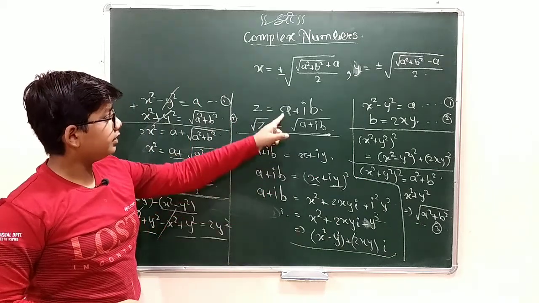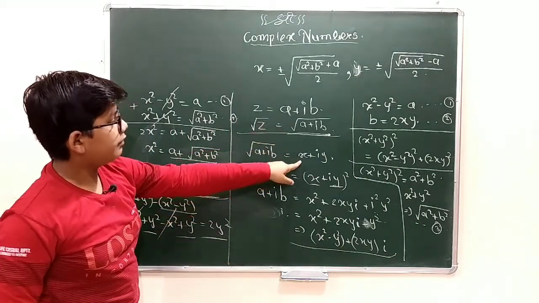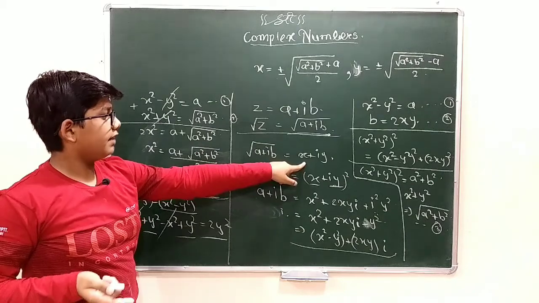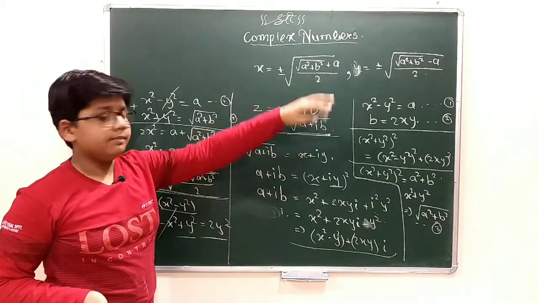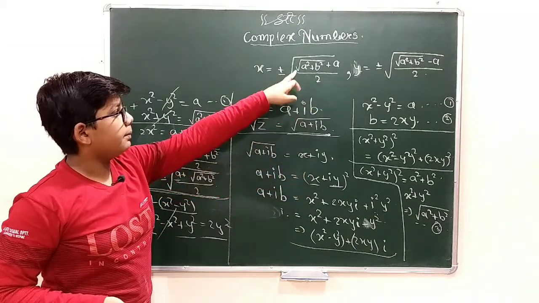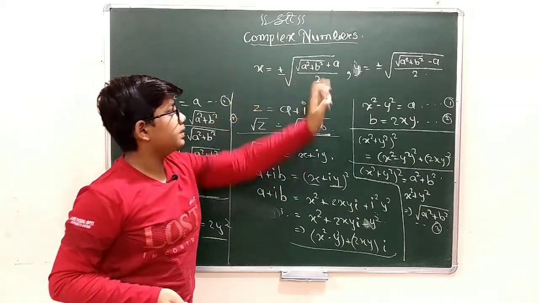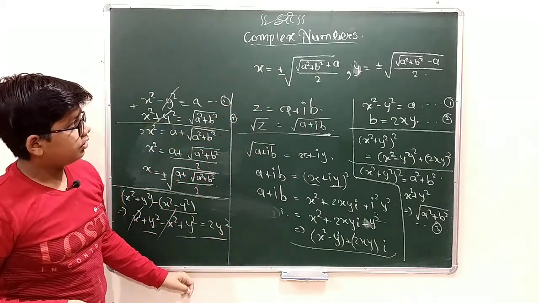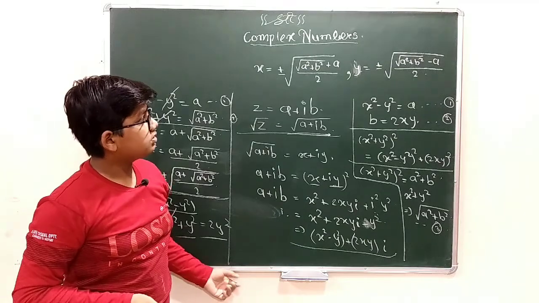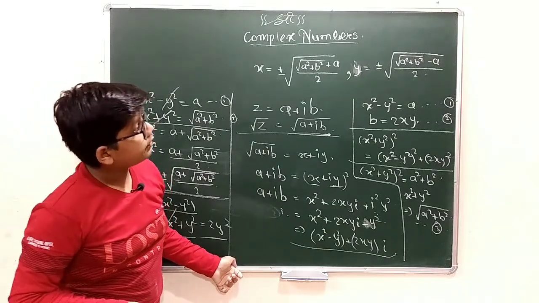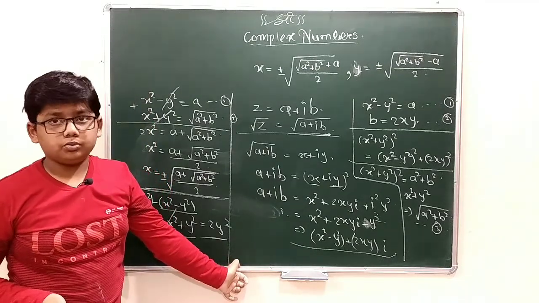Now we have to find the value of x plus iy. We can find it if we know x and y. So what is the value of x? Plus or minus square root of a squared plus b squared plus a upon 2. And the value of y is plus or minus square root of a squared plus b squared minus a upon 2.